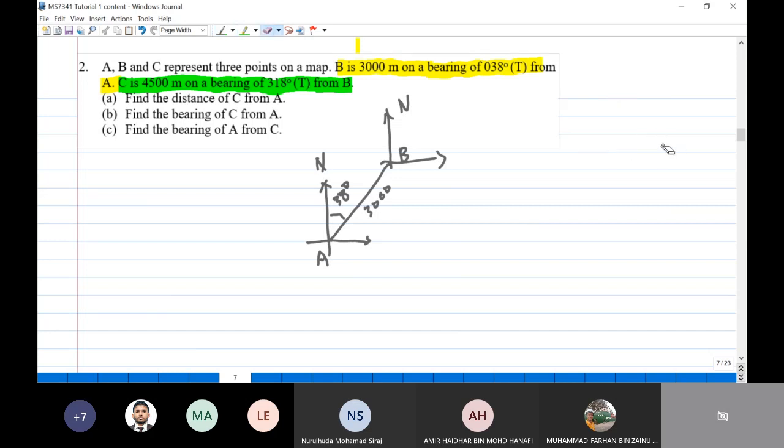I draw B first, then figure out where 318 is. This is 0, this is 90, this 180, this 270. So 318 is somewhere here. This angle is about 318, so if you draw it, it's something like this.